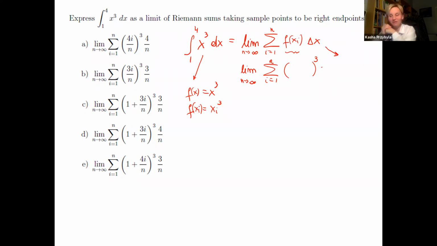Can you compute for me delta x? What is delta x? The entire length divided by n. Between 4 and 1, we have 3 units. So that means 3 over n. And we will have x sub i. Who can tell me the formula for x sub i?